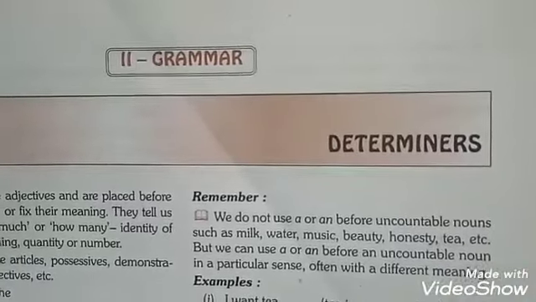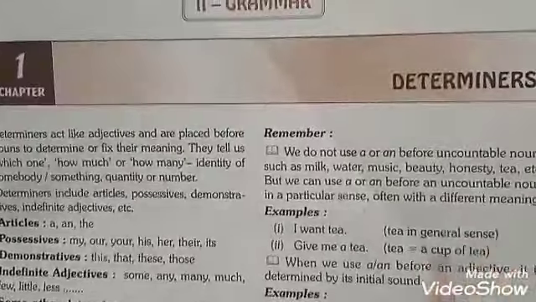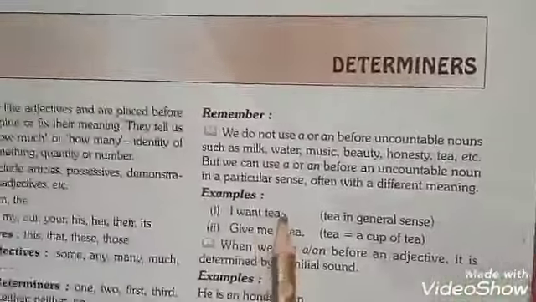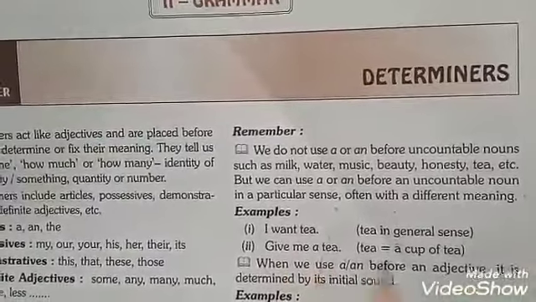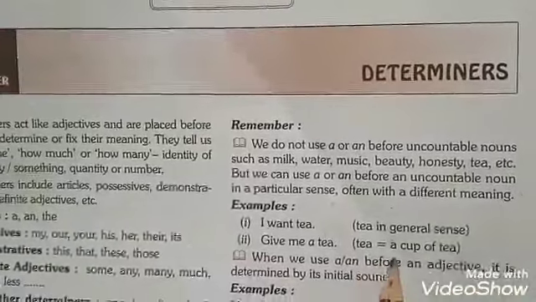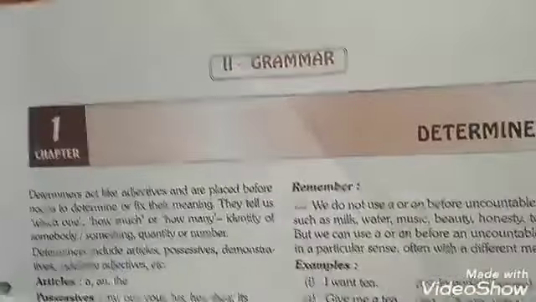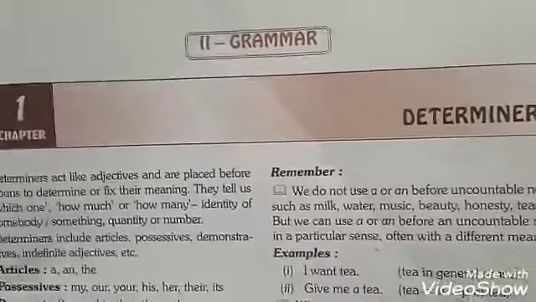I want tea. Tea has been used here in a general sense. That's why no article has been used before tea. But if I change the sentence, give me a tea, it means tea stands here for a cup of tea. That's why a has been used.